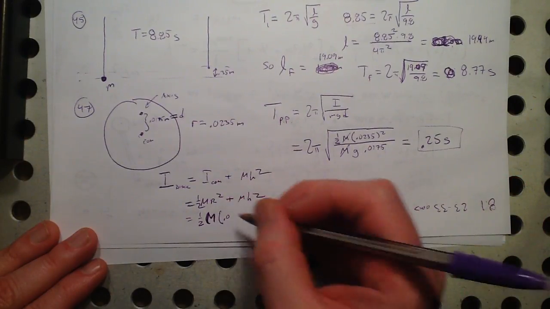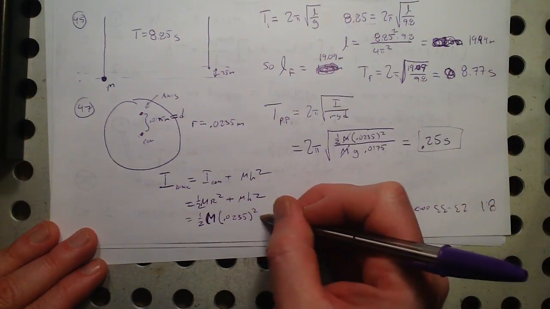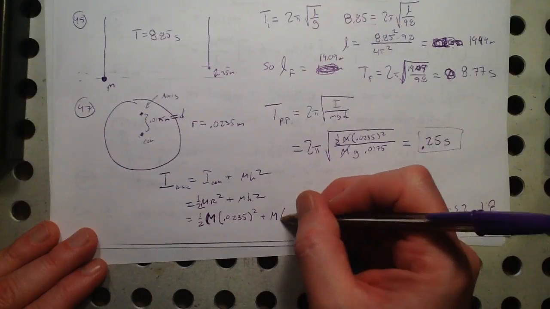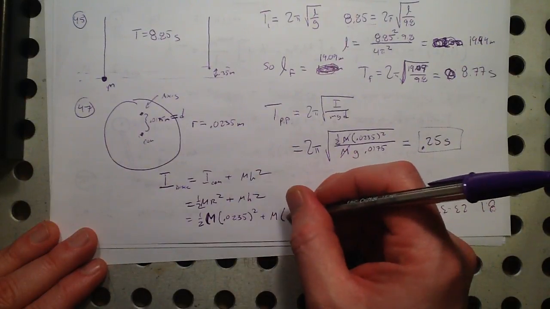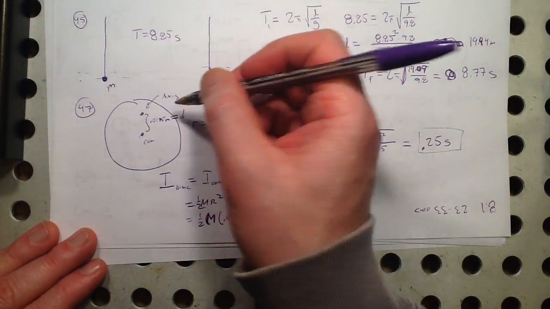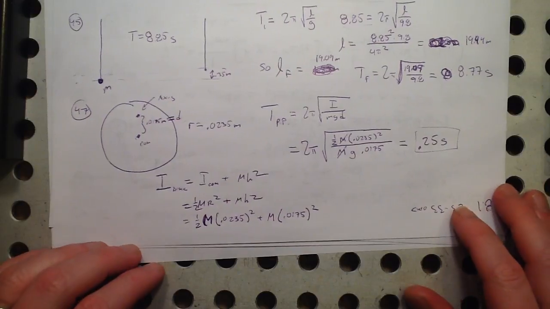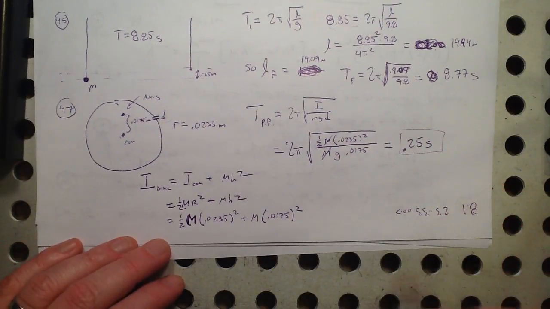That part's the same. M r squared plus m, and then it's shifted 0.0175. Right, the shift and the d are always going to be the same thing. You think about that, that makes sense. So I'm going to figure out the coefficient of this m here.